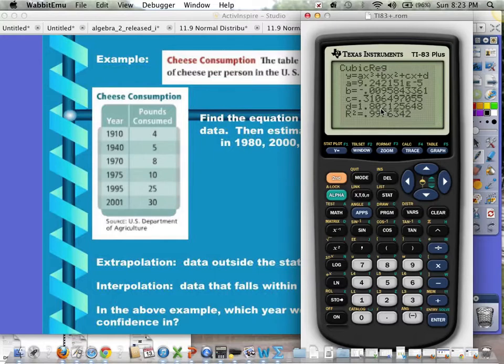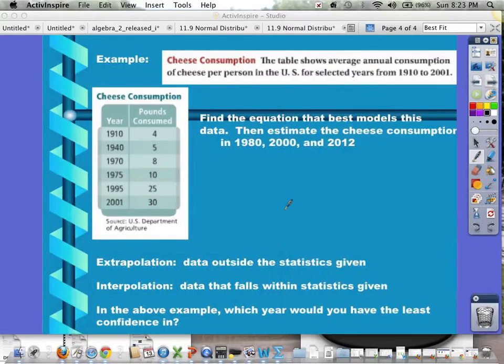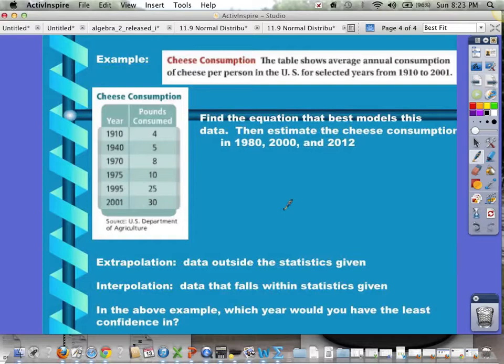Okay, so I have my equation line, and I'm going to write down my equation line before we go too far. So I'm going to write y is equal to 0.0000924x cubed minus 0.01x squared plus 0.31x plus 1.80.